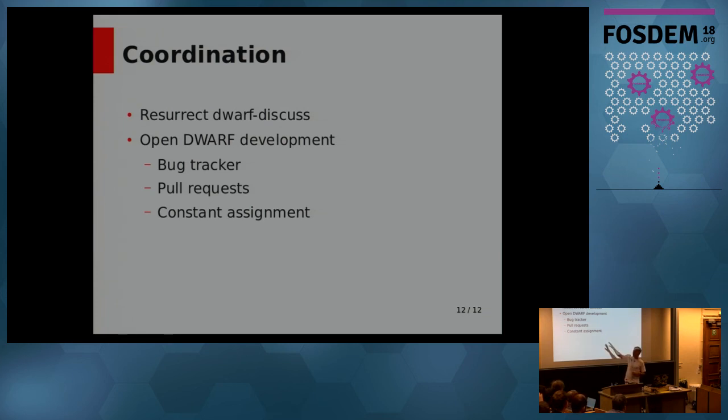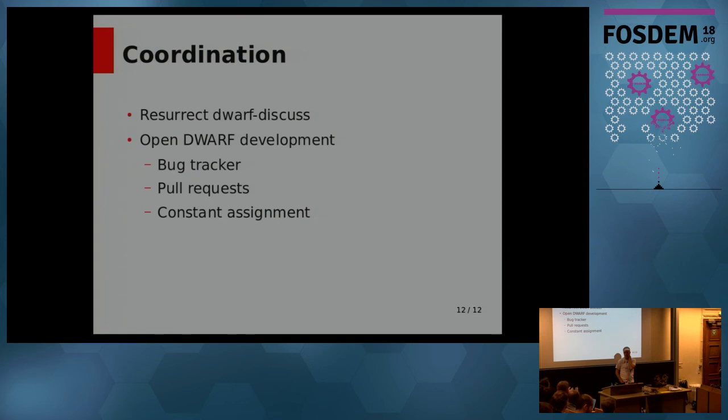Because I know DWARF doesn't want to work this way, here is how I would do this: okay, we have something which is different, we add something to the GNU vendor space, we work it out, we exchange it between GDB, binutils, and GCC, we document it, and once everything works, send it off to the DWARF committee.